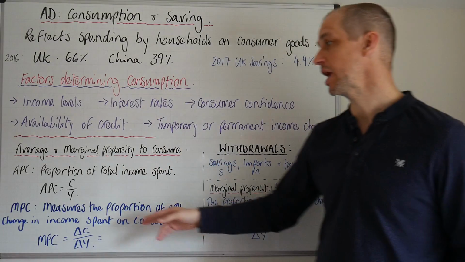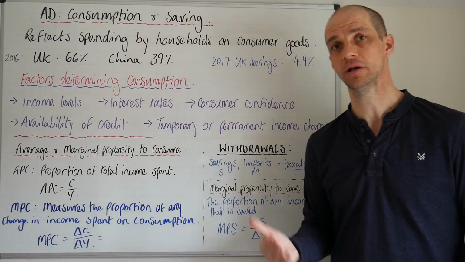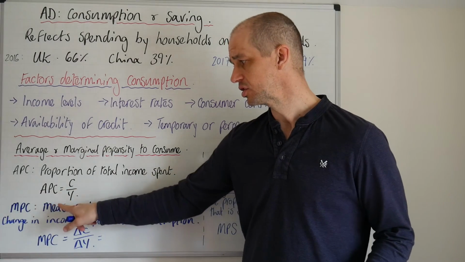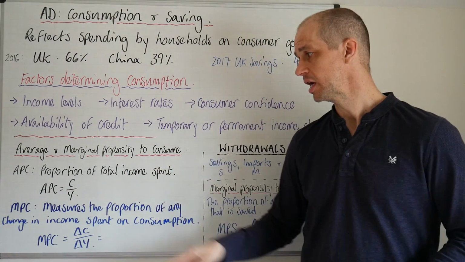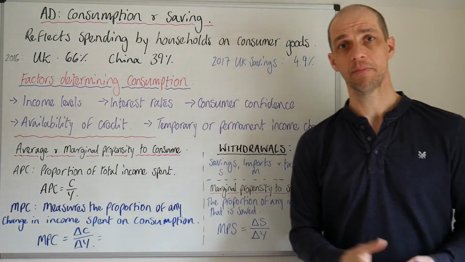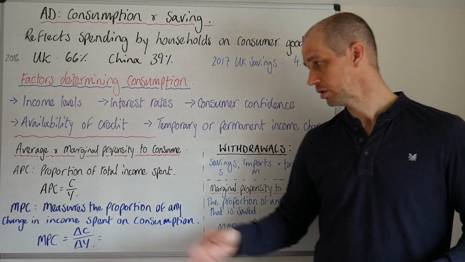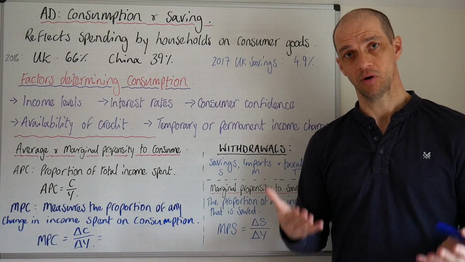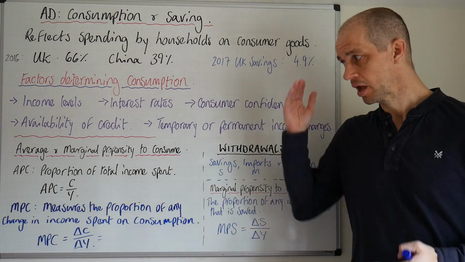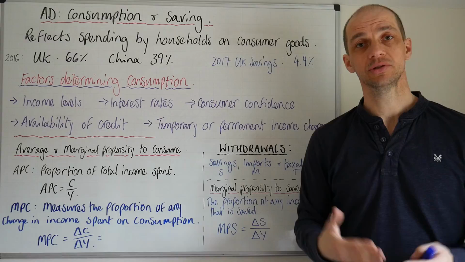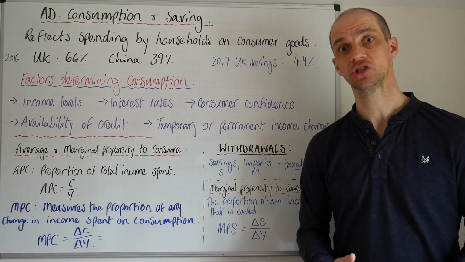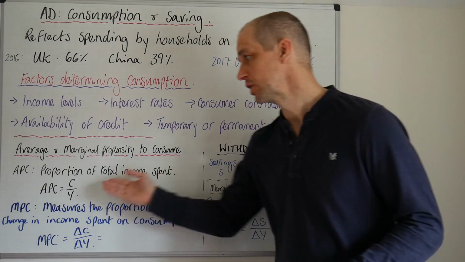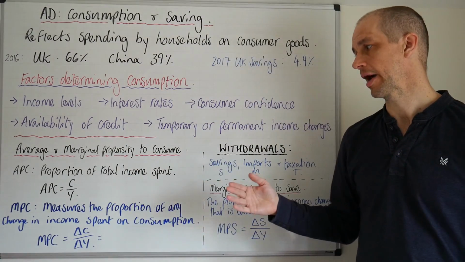So you can see here that we have the proportion of total income spent. Okay, so the average propensity to consume is simply calculated by the level of consumption divided by the income. So if you earn an income of perhaps £10,000 and you spend £8,000, then the average propensity to consume would be 80%, of course. All right, so nice and straightforward there.